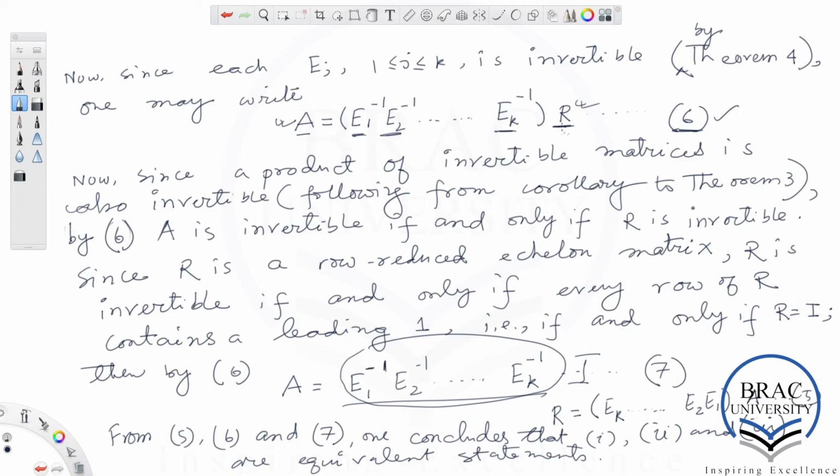Okay, so since R is the identity matrix, A is equal to the product of these elementary matrices, which establishes statement Roman 3. Okay, good, QED.